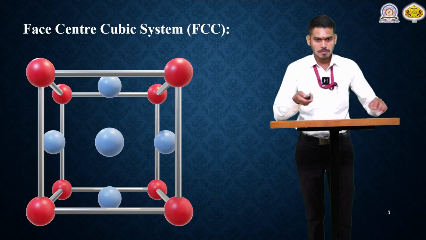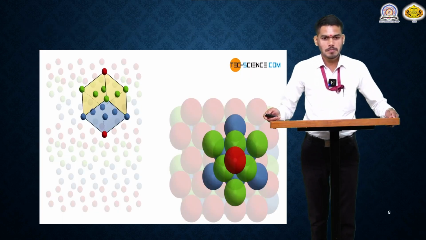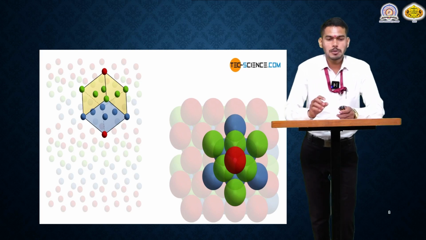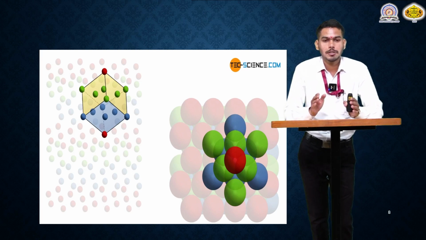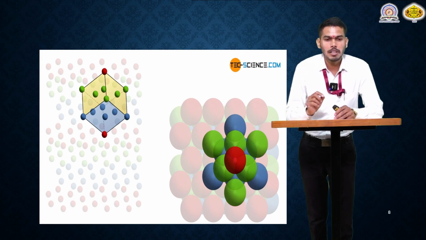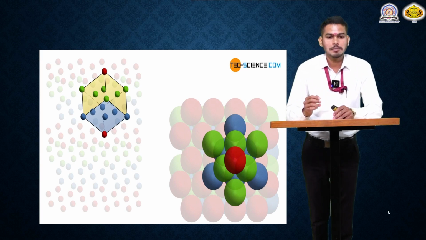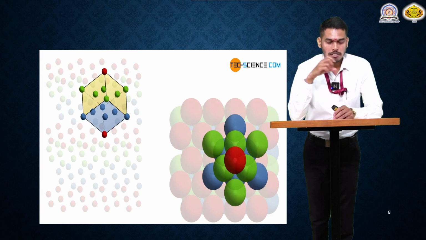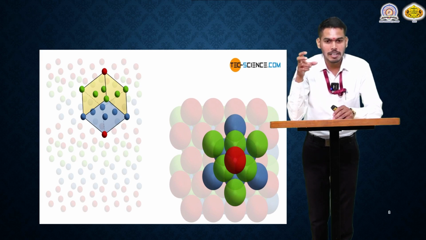Now we will see how an FCC, a face-centered cubic system, is formed. As we have seen in a body-centered cubic system, the atoms are arranged in an AB type. A is one plane, B is another plane; one plane has blue atoms, and in another plane we have red atoms.